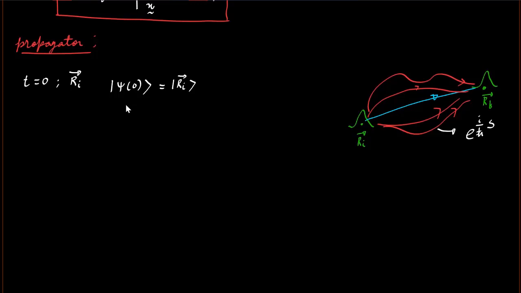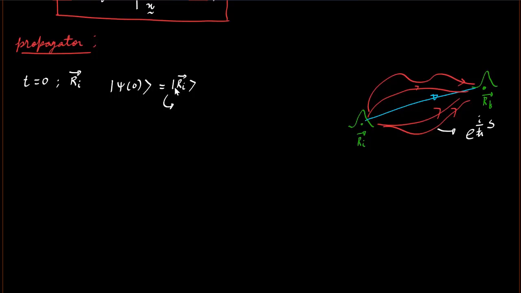This is actually called the eigenvector of the position operator at time t equal to 0, or this wave function is a very narrow wave packet localized in the vicinity of Ri.